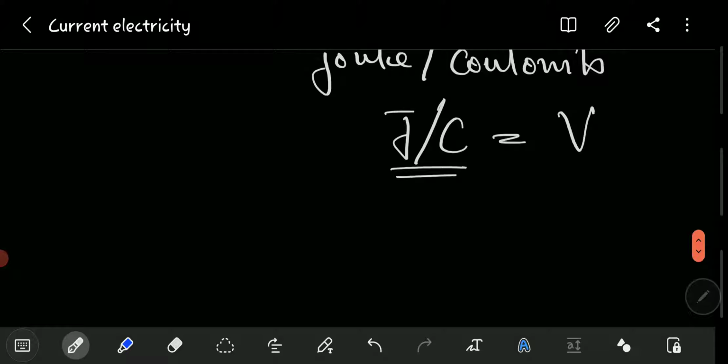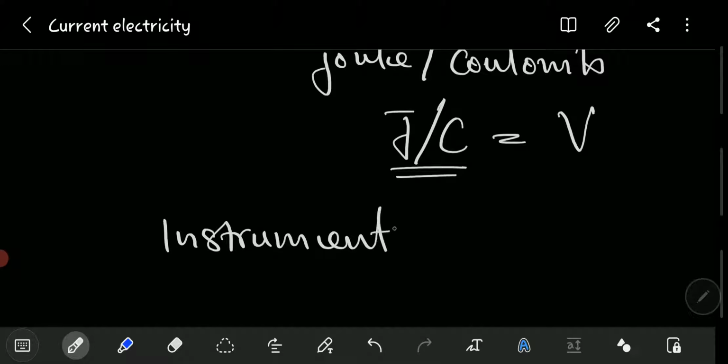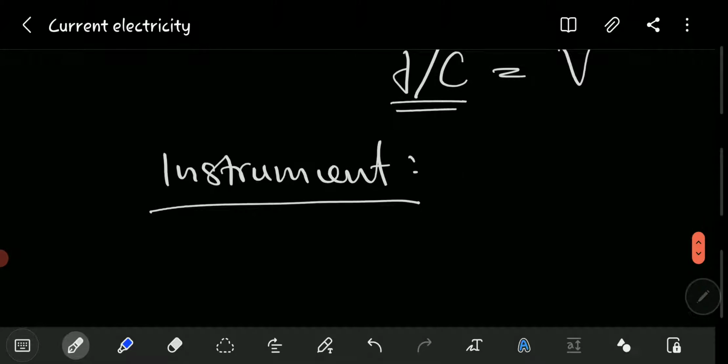Now, having looked at the unit, it's better we also look at the instrument. What instrument is used to measure potential difference?